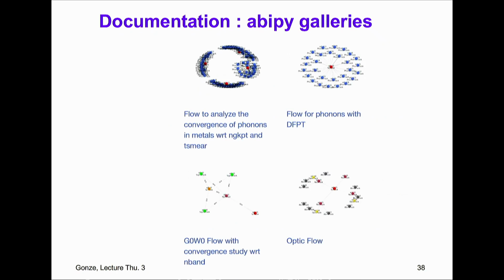And at the level of the flows, it is of course a more abstract quantity, but that you can represent by the tasks that are called by the central script. And the flow for phonons with DFPT is represented by this, while the flow to analyze the convergence of phonons in metals with respect to the sampling of k-points and the smearing is represented by this figure.